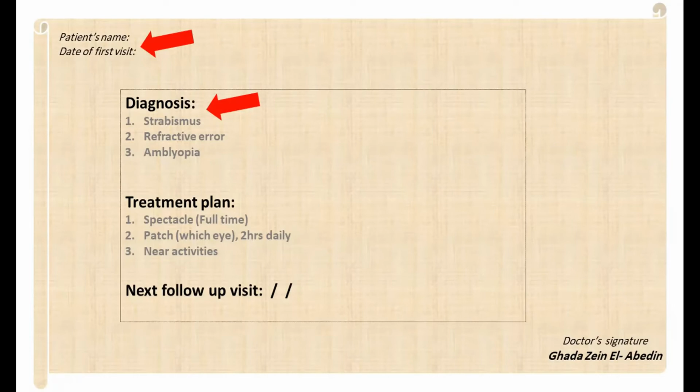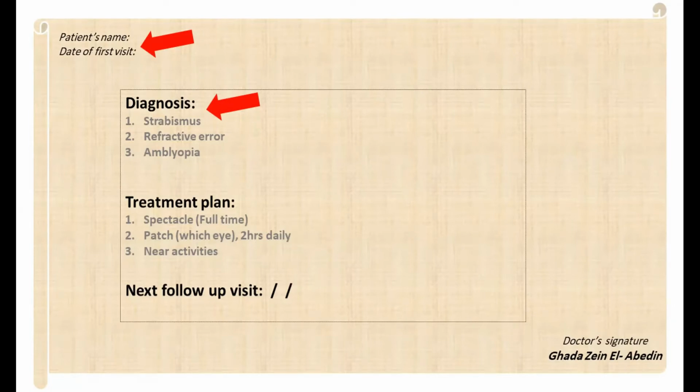All of these should be explained to the parents, and try to educate them about the diagnosis and the line of treatment or treatment plan. Most of the time we have spectacles or a patch. You have to specify which eye and for how many hours, and it is usually recommended to have near activities during patching hours.